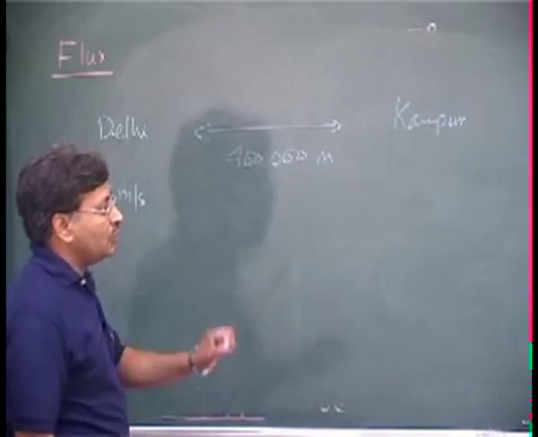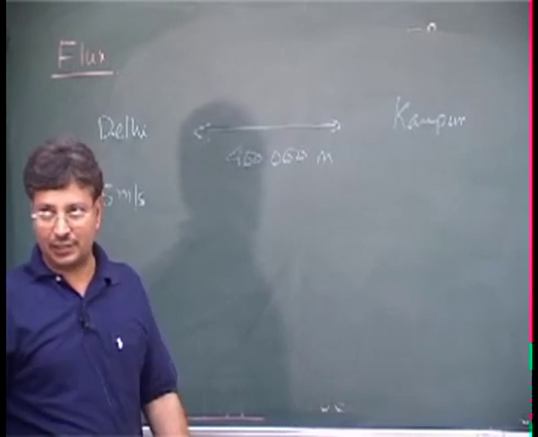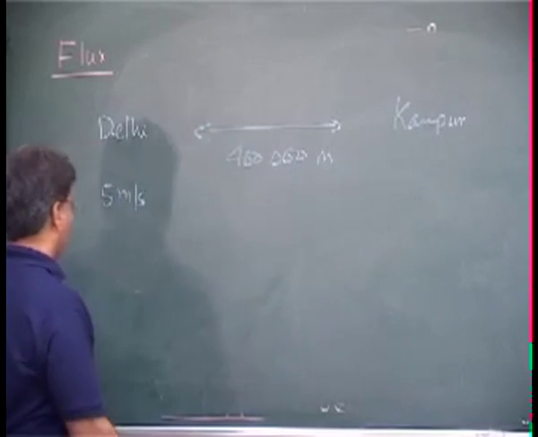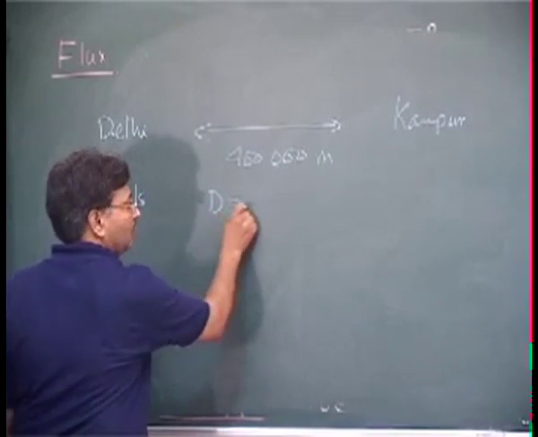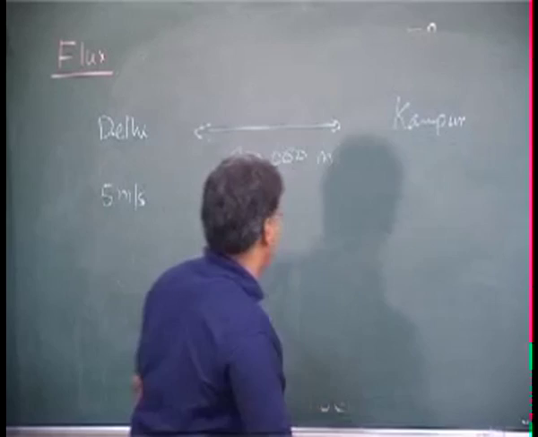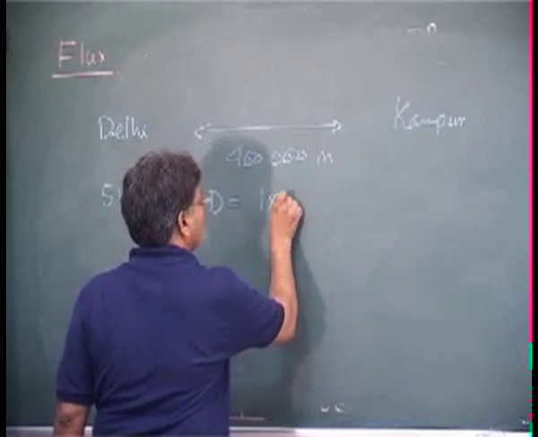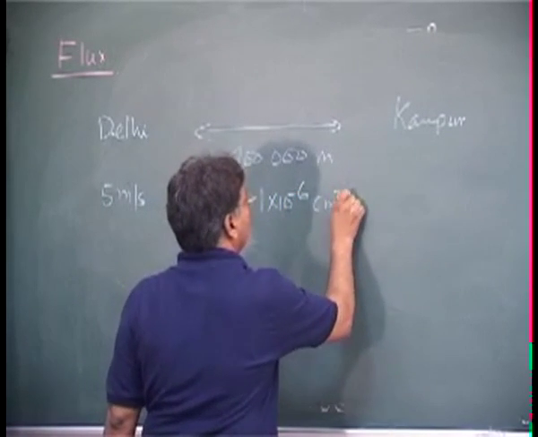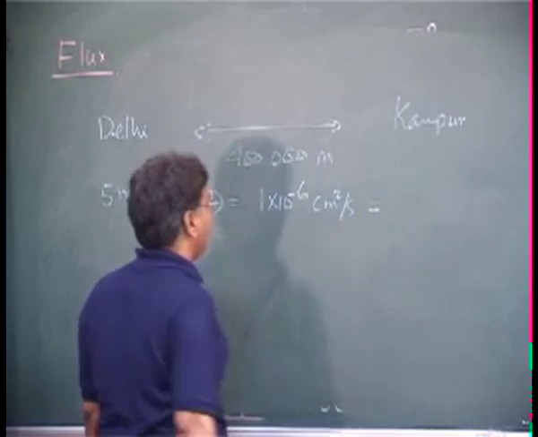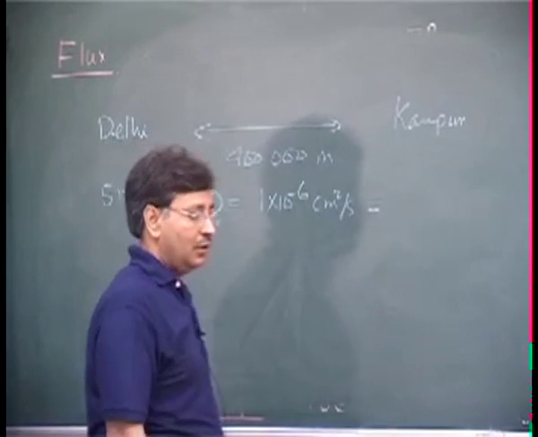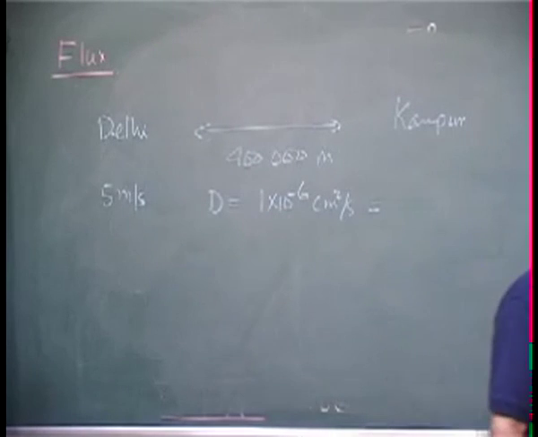Suppose only molecular diffusion was taking place, and the value of D I take as 1 into 10 to the power minus 6 centimeter squared per second. If you want to convert this into meters, what will this value be?